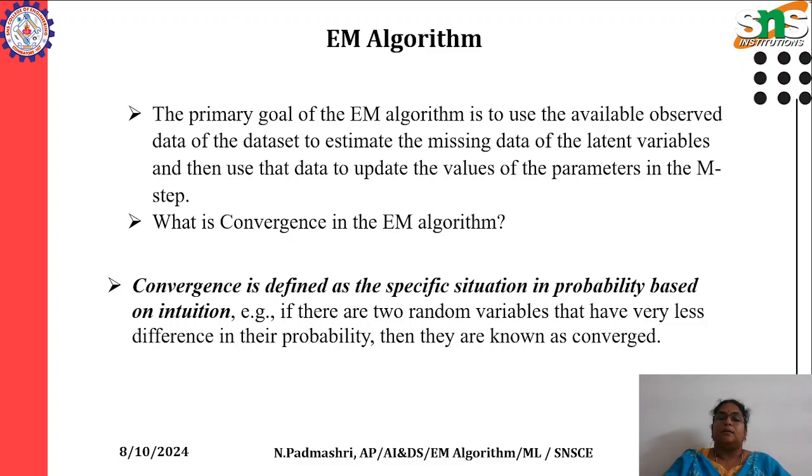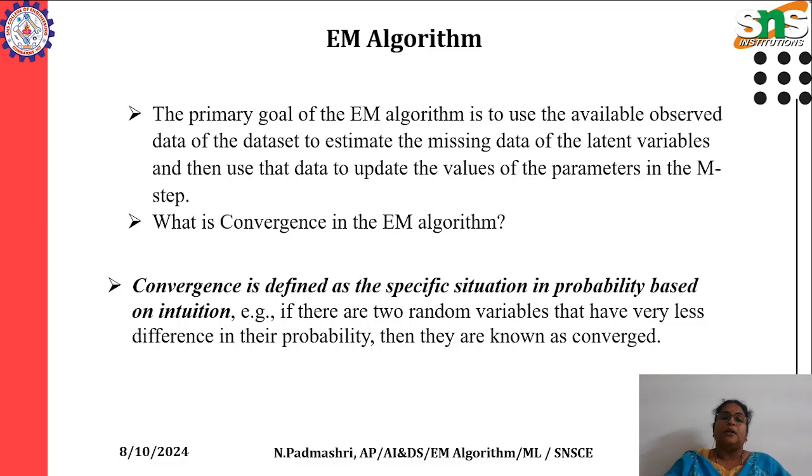Then it uses that data to update the values of the parameters. There are two steps, as we discussed in the previous video: the first is the E step, the next is the M step. The E step is called the expectation or estimation step and the M step is called the maximization step.